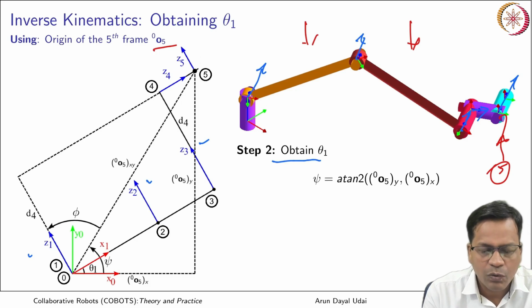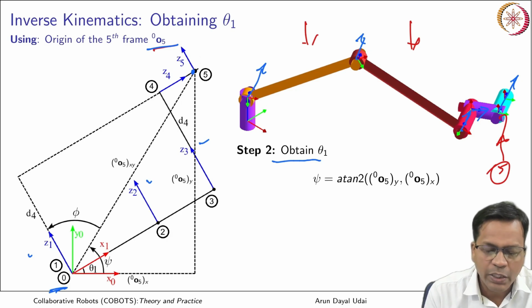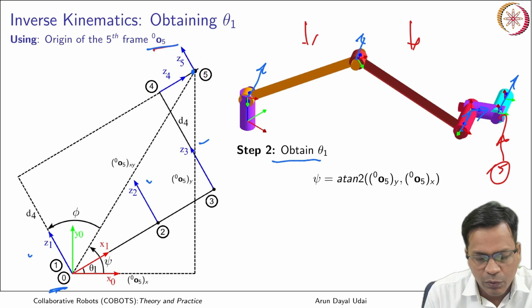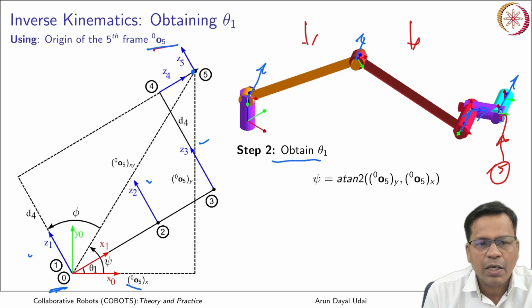How? Whatever is the position of 5, we have already obtained 5 with respect to the O frame, the 0 frame, which is attached to the ground. So, this is known. So, we already know O_0 O_5 along x and along y.